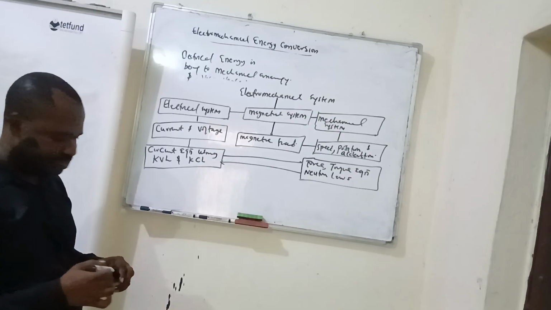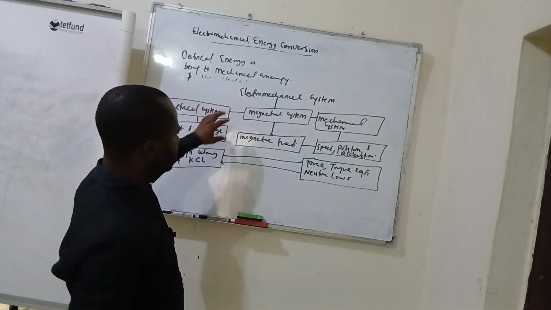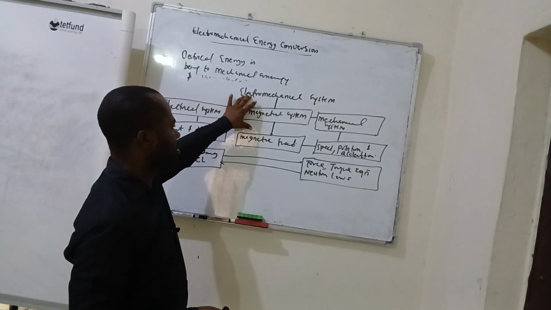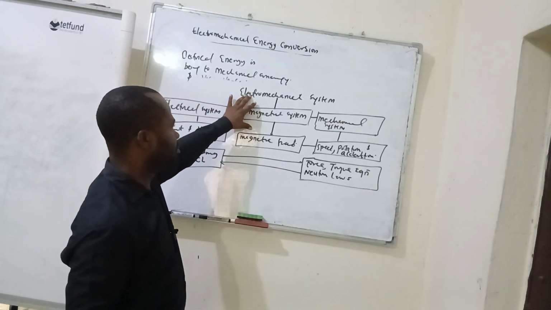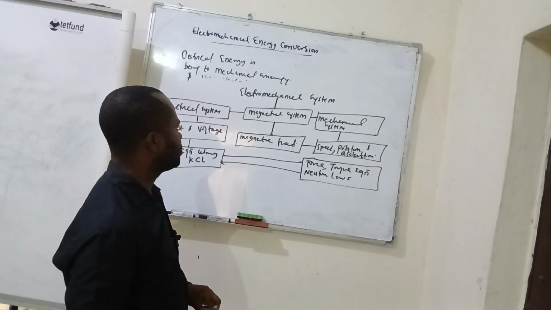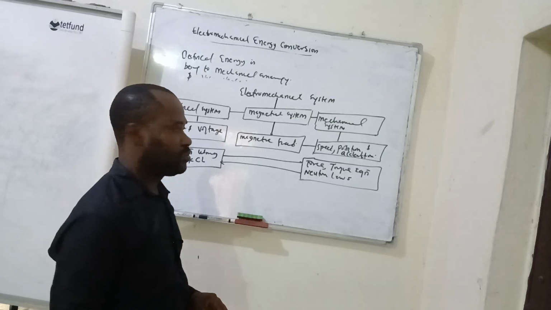So at this point, having explained the systems, we have that three major systems are involved in this process: electrical systems, magnetic systems, and mechanical systems.